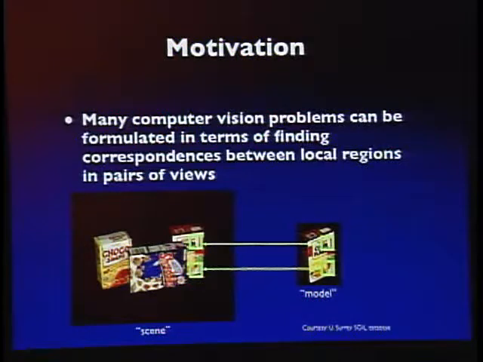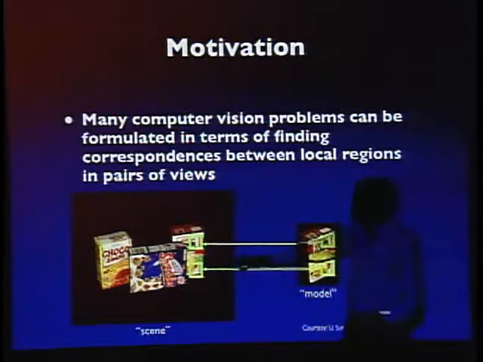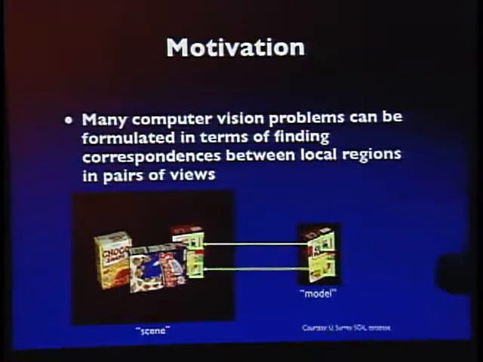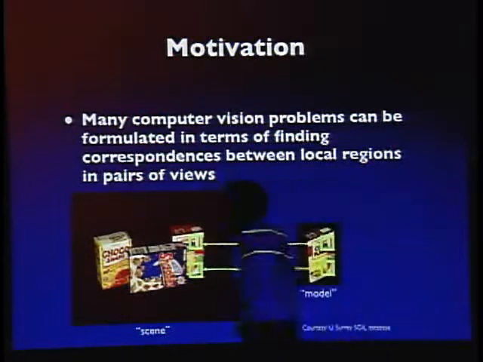And generally speaking, there's a set of problems where one image can be referred to as something like the model, and the other image can be referred to as something like the scene, or the input image to your image processing system. And what you're trying to do is establish correspondences between regions in one and regions in the other. And so what this does is it does what the arrows show. It sets up an identification between a region here and a region there.